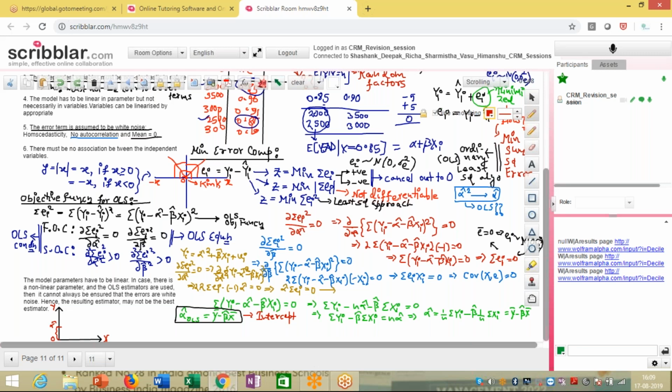So similarly, we'll have beta hat. Now to derive beta hat stepwise is a little bit of a complicated calculation because both the OLS equations have to be used. So I will not derive beta hat like I derived alpha hat. I'll straight away give you the definition of beta hat.